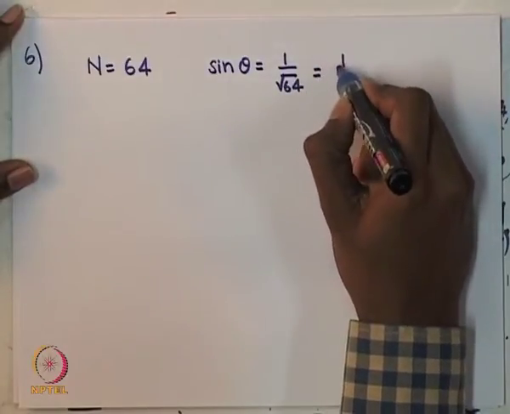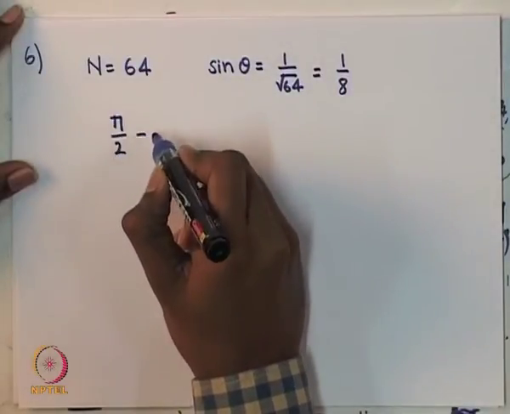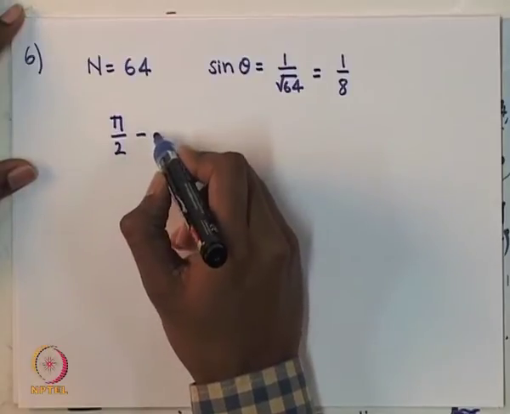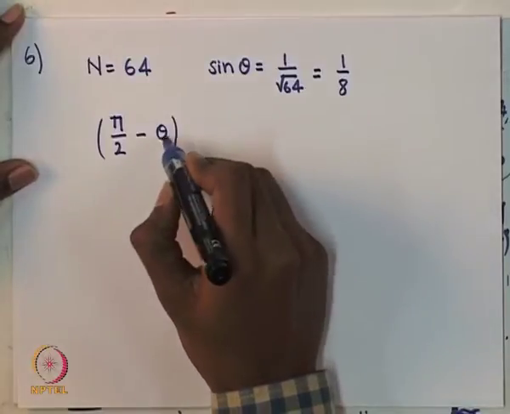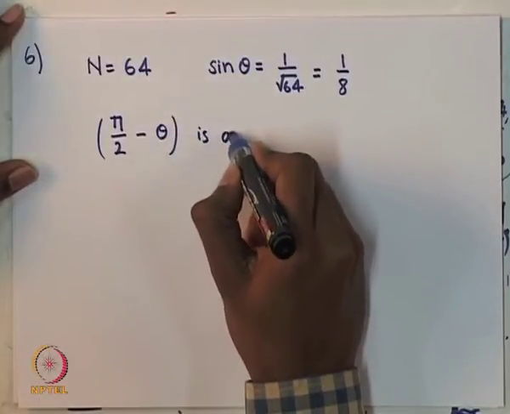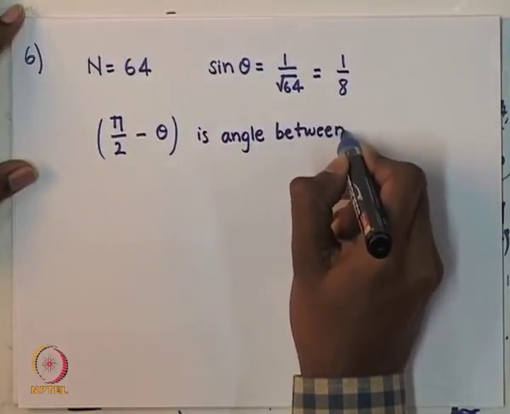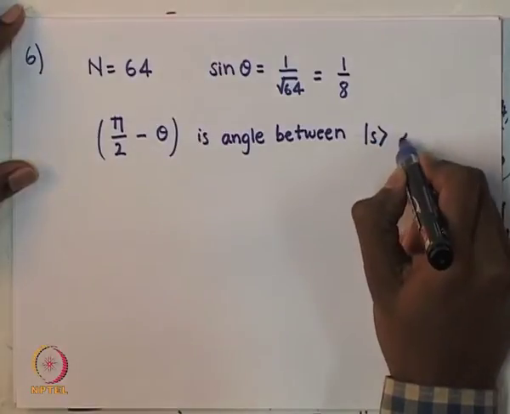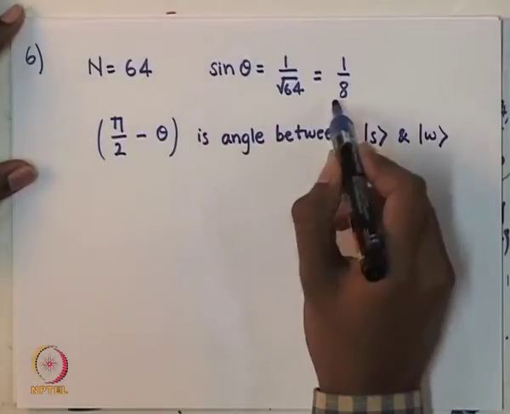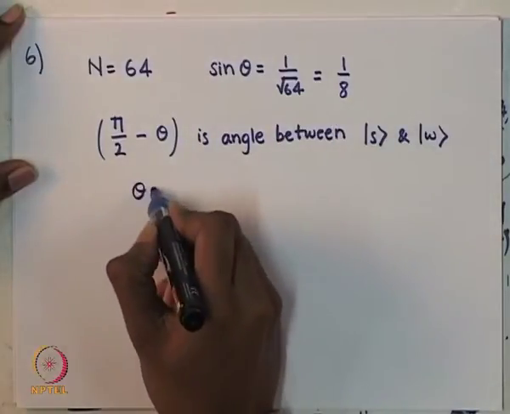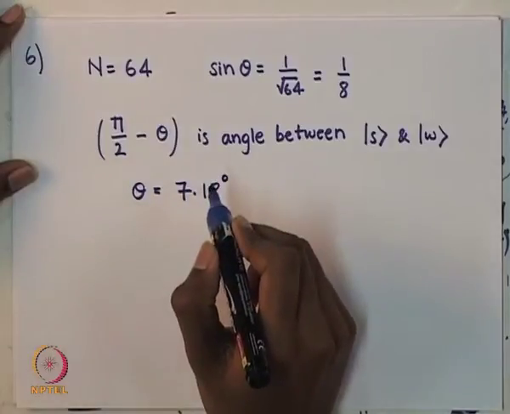So sin theta is 1 by root 64, where pi by 2 minus theta is the angle between the marked state and S, that is, pi by 2 minus theta is the angle between S and W. So for this value of sin theta, we obtain theta as 7.18 degrees.